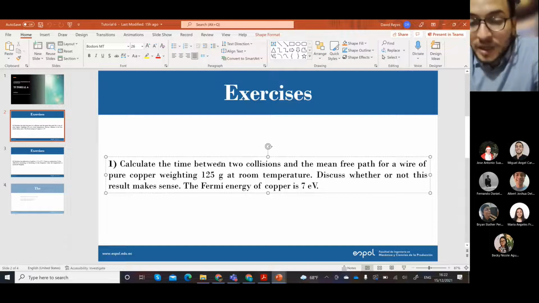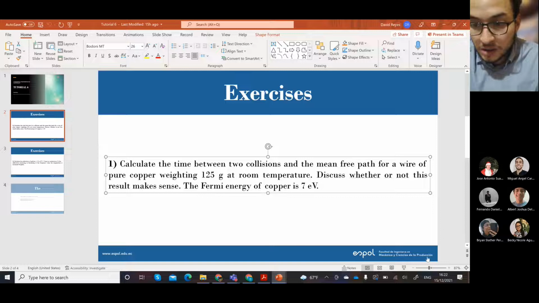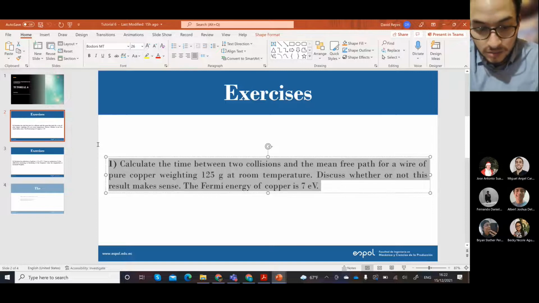go ahead. How can I solve this? Ideas. Let me see if I can copy this, or at least the text. Let me stop sharing this and come to the whiteboard. Let me see if I can create a whiteboard. Yes.